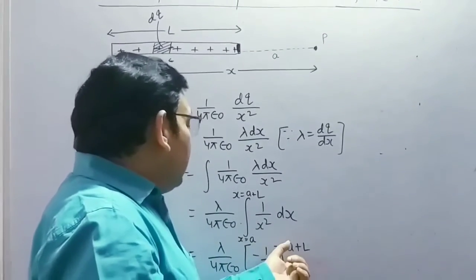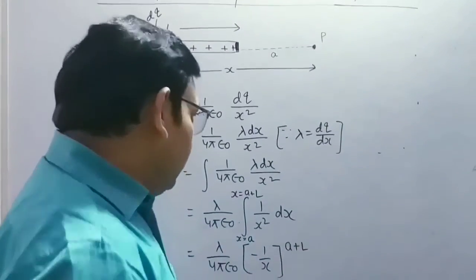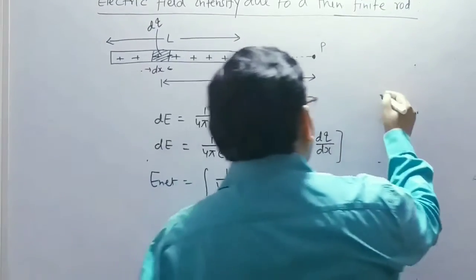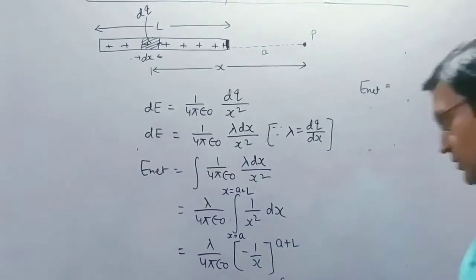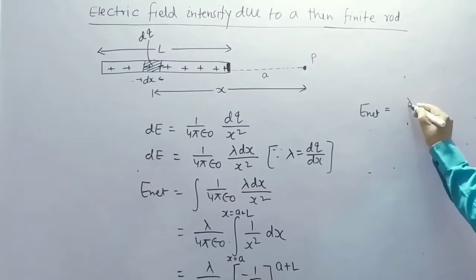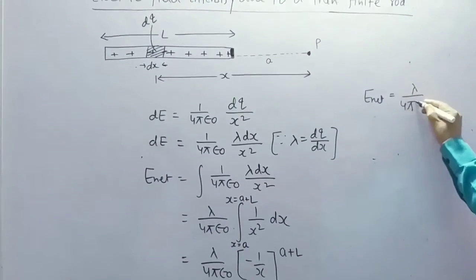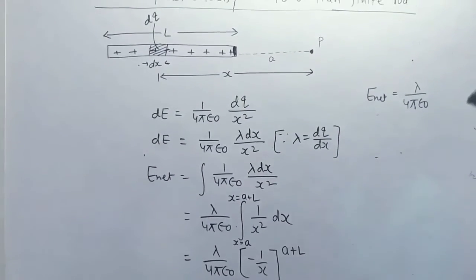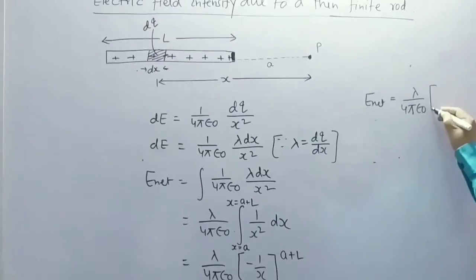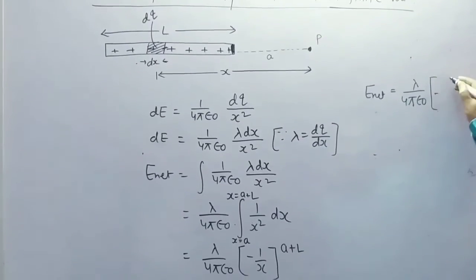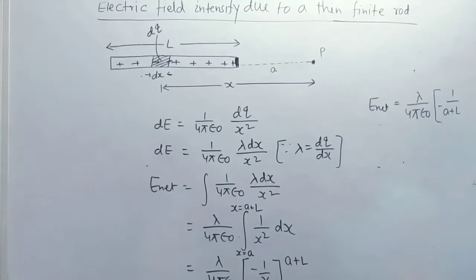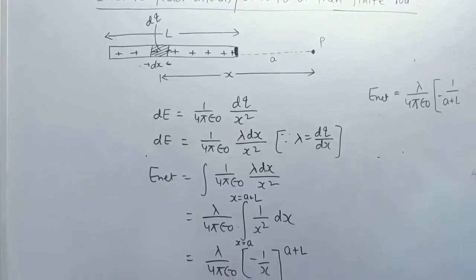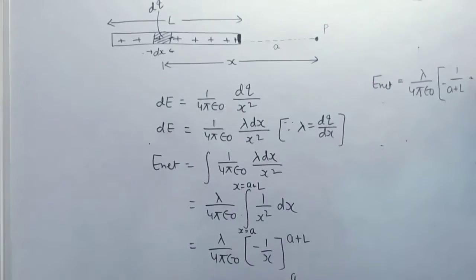Then we put the upper limit minus the lower limit. I am writing here, the net electric field can be written as lambda by 4 pi epsilon. What is the upper limit? Upper limit is minus 1 by A plus L. Upper limit minus lower limit, minus minus plus.